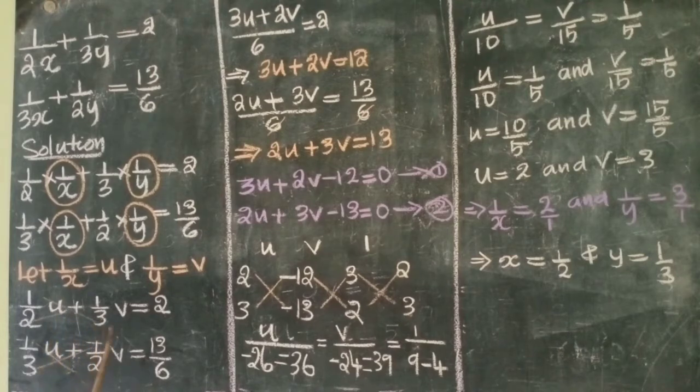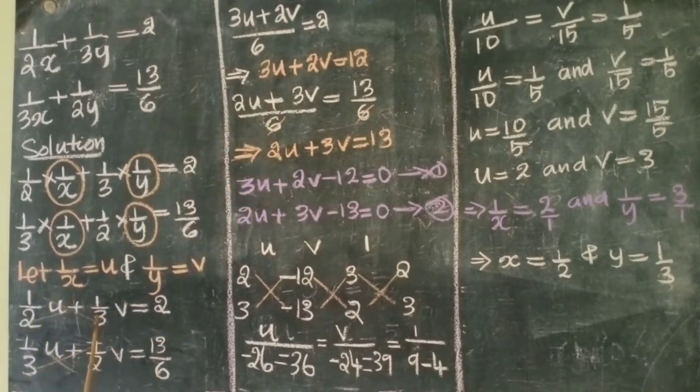If you feel difficulty keeping these coefficients as rational numbers, you can change them by cross multiplying once. Then this rational form will change to whole number form. So we can just cross multiply it.